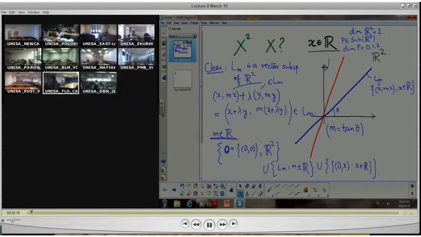So this is your y-axis. So this is actually all the subspaces of R^2: the zero space, R^2, and all the one-dimensional ones.